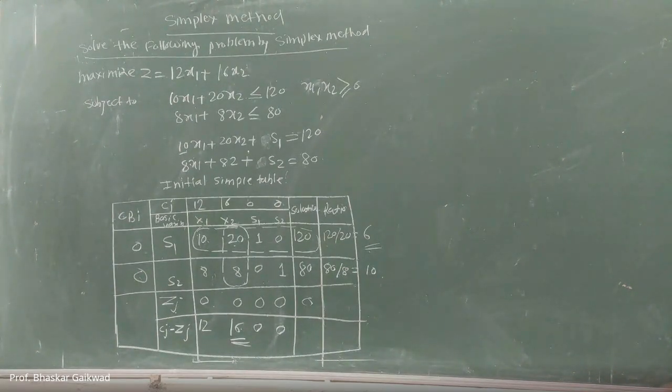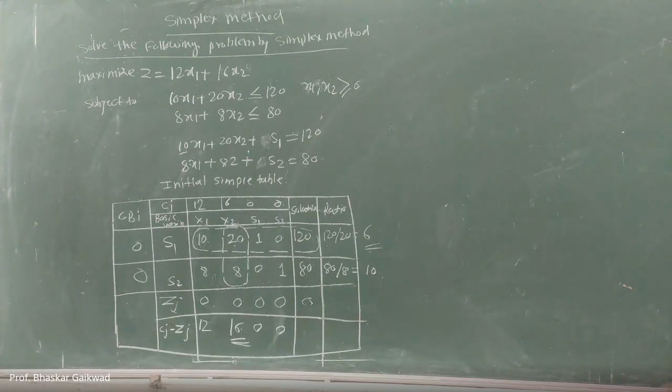In maximum conditions, take the maximum value and the corresponding column, that is the key column, and in the row minimum ratio, take the minimum ratio and the corresponding row, that is the key row.